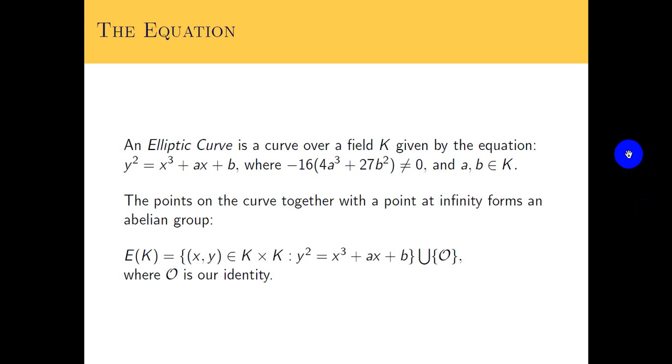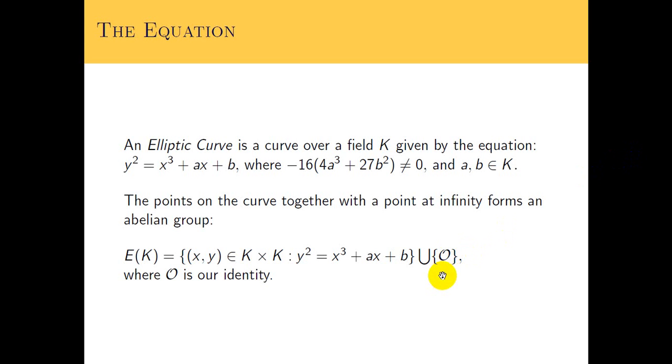Alright, an incredible fact about elliptic curves is that they form a group. All the points on the elliptic curve, when you put them together, form an algebraic group. What you need to do, though, is add a point at infinity, which we denote by a script O, and that turns out to be the identity of our group.